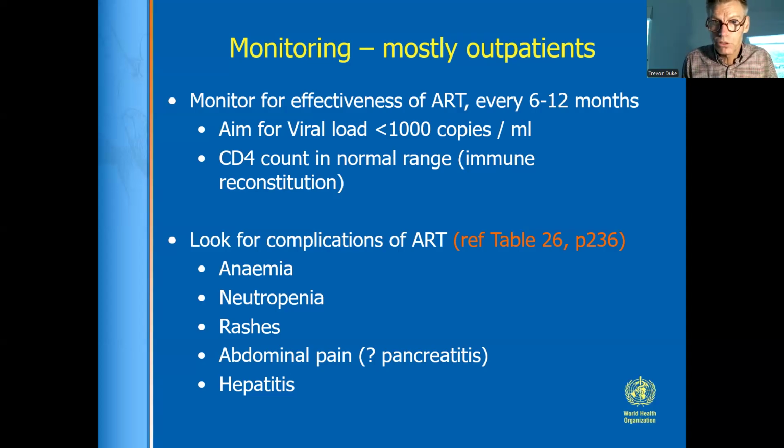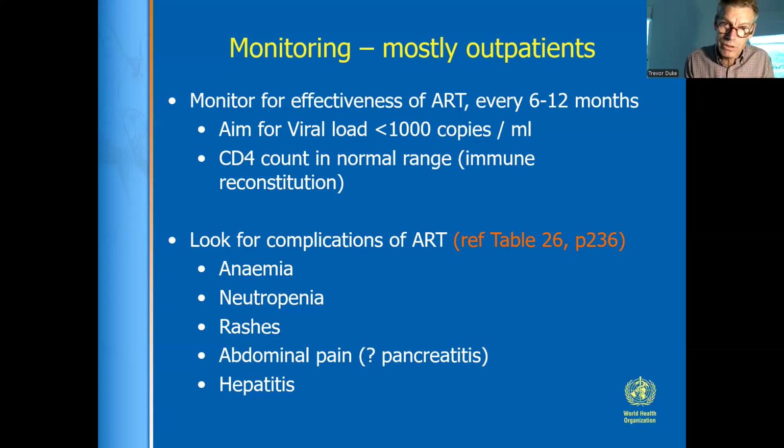So we need to monitor for the effectiveness of ART, for adherence with antiretroviral therapy, and for the complications of ART. In the Pocketbook of Hospital Care for Children, in the HIV chapter, there is a list of complications of ART, but there's a number that are quite common, including anemia, neutropenia, the low white cell count.